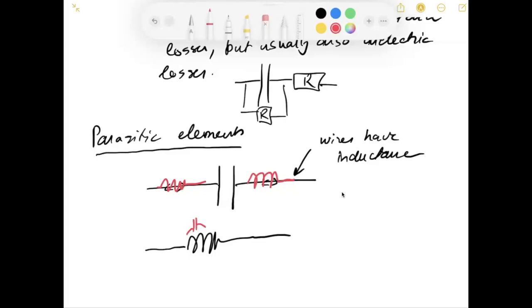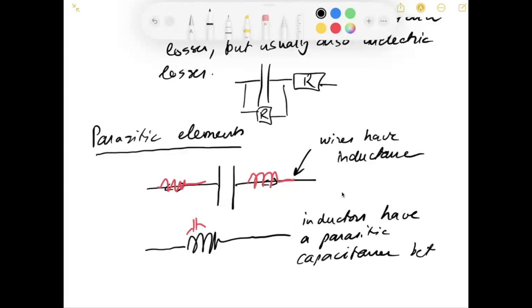So what you need to do is you need to consider the fact that at finite frequencies, there's going to be capacitive coupling between the windings. So inductors have a parasitic capacitance between the windings.